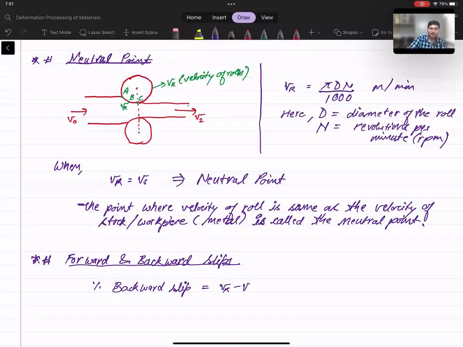Earlier in the previous lecture, we had seen that the velocity of point C will be higher than that of point B, and which will be further higher than the velocity of point A. So this is given as velocity of the roll minus velocity of the stock over velocity of the roll multiplied by 100. So this gives us the percentage of backward slip.